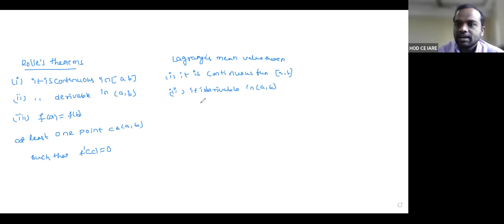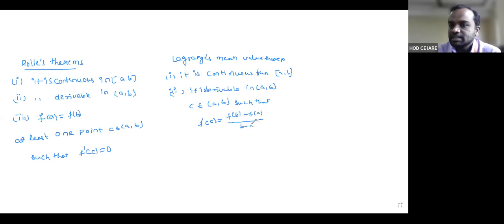There exists at least one point c belonging to the open interval (a, b) such that f dash of c is equal to f of b minus f of a by b minus a. This is called Lagrange's mean value theorem.